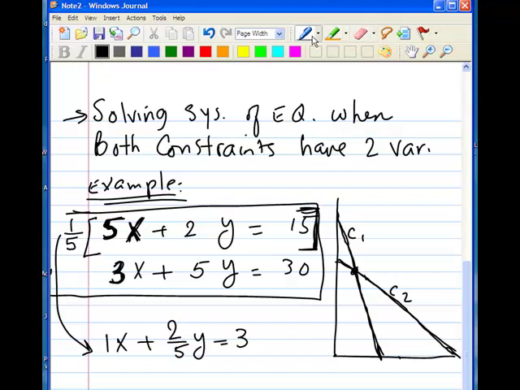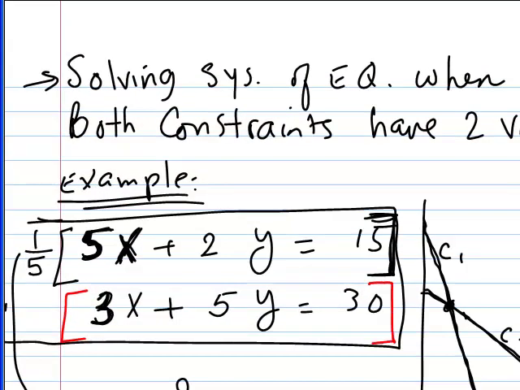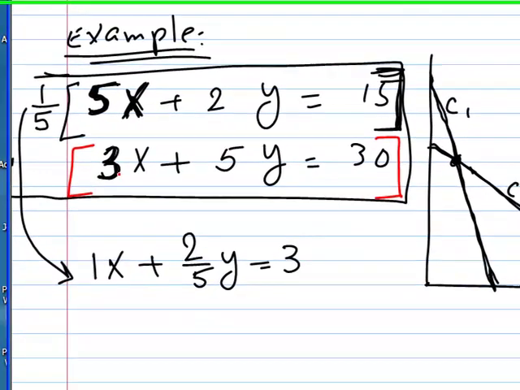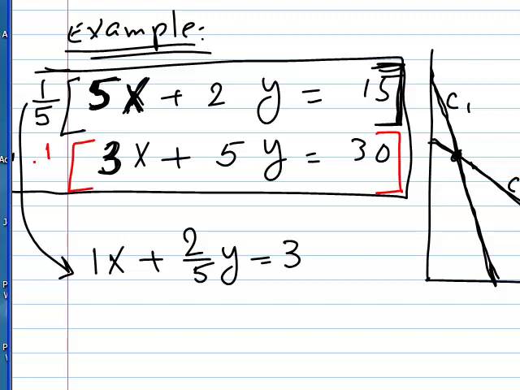Now this next constraint right here, what if I want that x to have a coefficient of -1 in it? Well, to get it to have a coefficient of 1, I know I can multiply it by 1/3, but if I want it to be a -1, then I have to multiply it by -1/3. So here's the result of that.